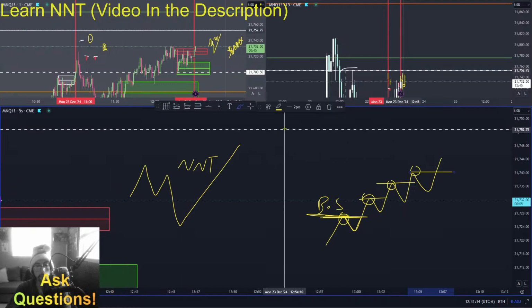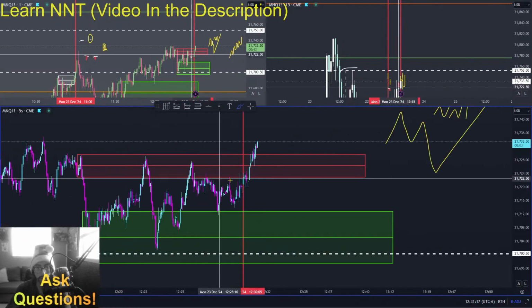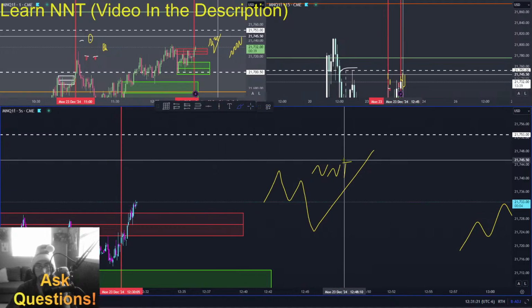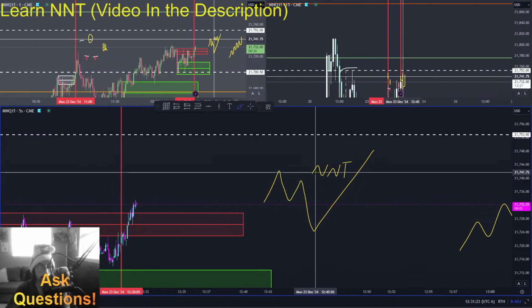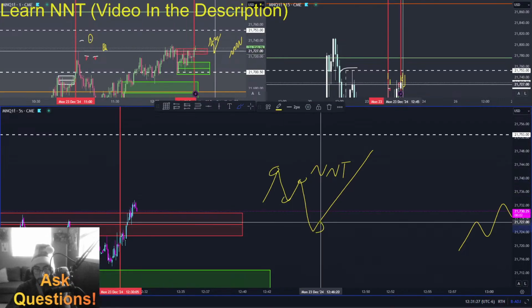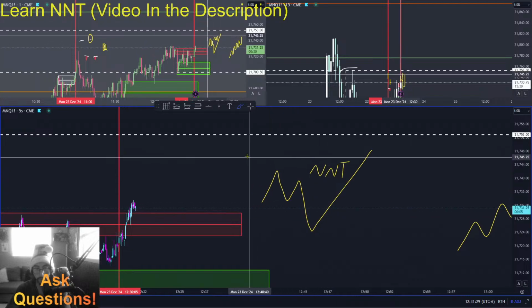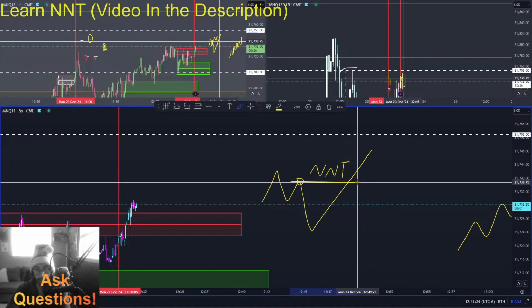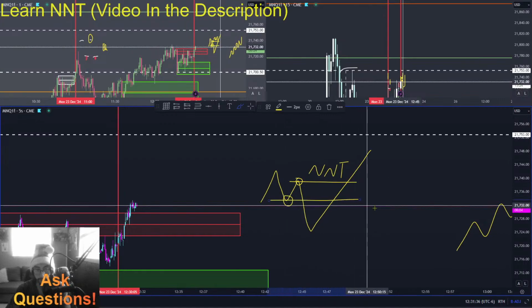Okay, now we look at our drawing here on the left side, and let's look at our sweeps, our breakup structure, our pattern, our swing highs, everything that we just talked about. So the swing highs are right here, and swing lows are right here. The breakup structure happens where? I see one happen right here, and I see one happen right here.